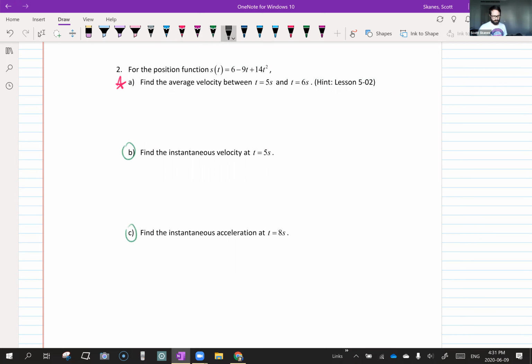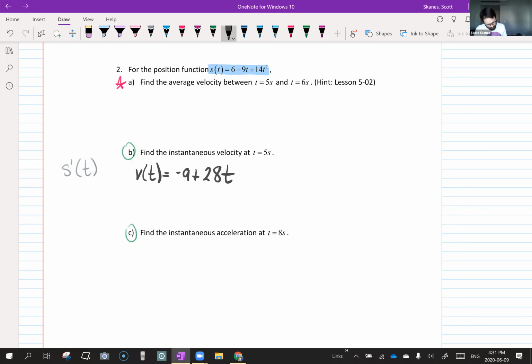Find the instantaneous velocity when time is 5. Well, the velocity is negative 9 plus 28t. I'm looking at the position function and getting the derivative of it. Let's not forget that it's the first derivative of the position. That's what velocity is.